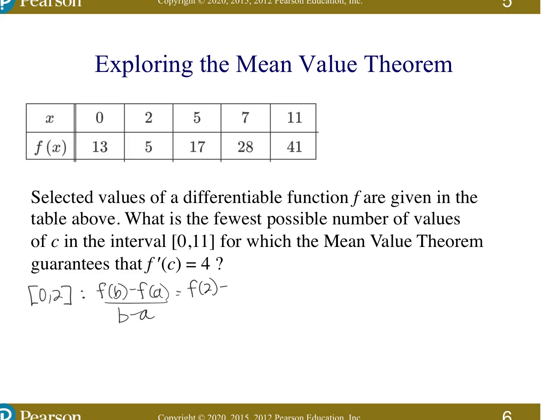So f of 2 minus f of 0 over 2 minus 0. So that's going to give us 5 minus 13 over 2. Negative 8 over 2, that's negative 4. Okay, no good. Okay, can you find other intervals where it would be equal to 4?